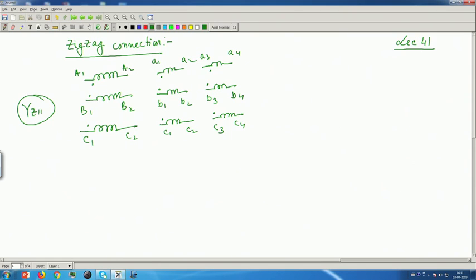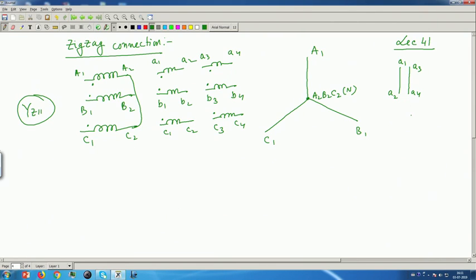So, in this case primary I will short, the steps are like this, and then primary phasors I will draw, it is star connected, it is like this. This is A1, this is B1, this is C1, this point is A2, B2, C2, this side neutral, and on the secondary, the moment you apply voltage, you immediately get 2 sets of voltage for each phase, and these 2 sets are identical, A3, A4, A1, A2.